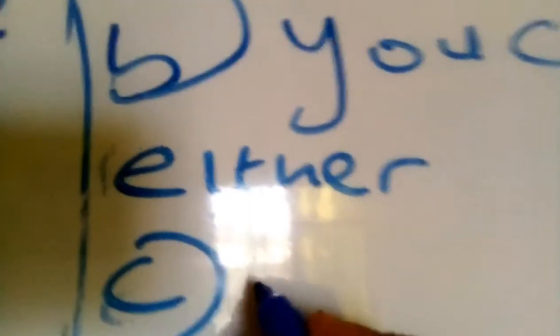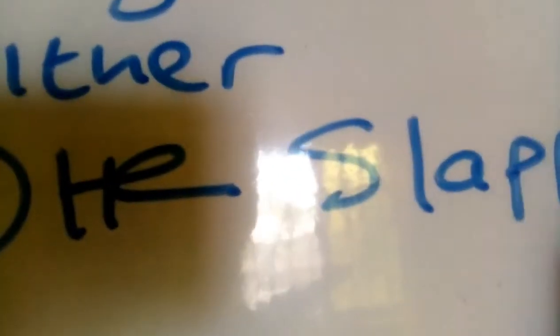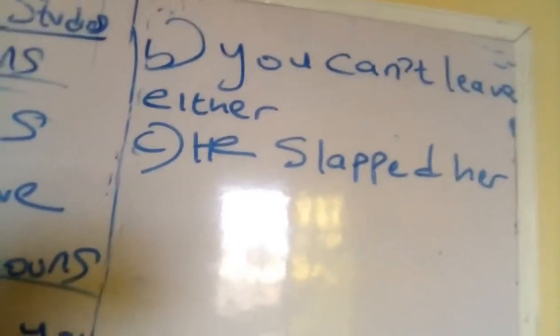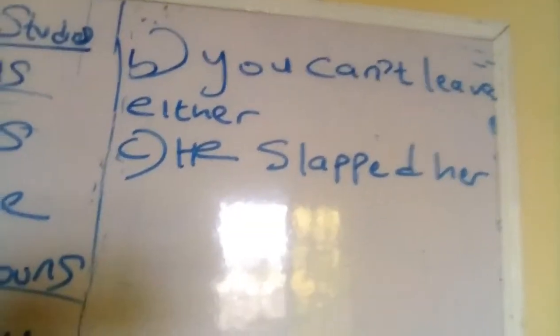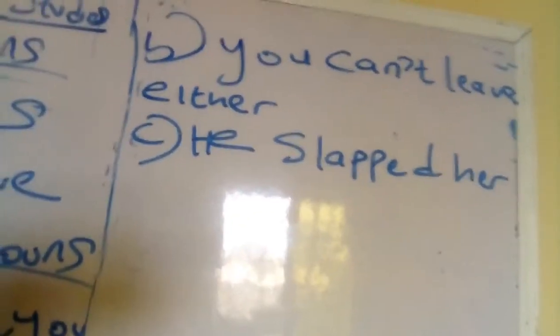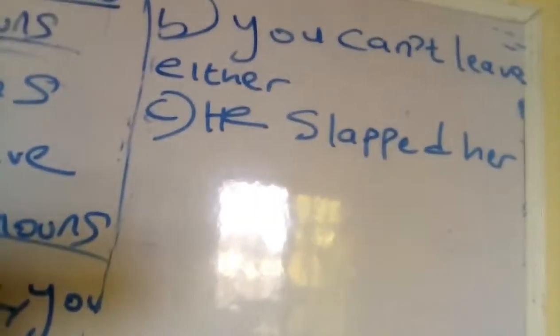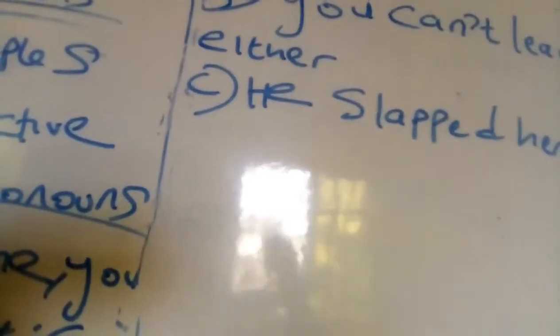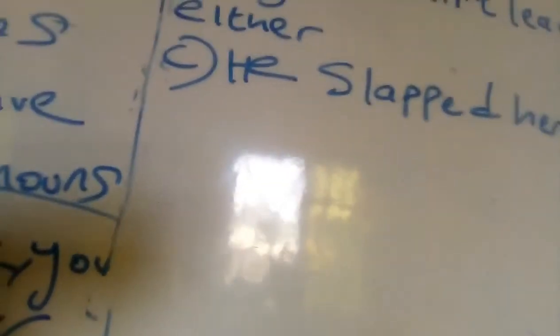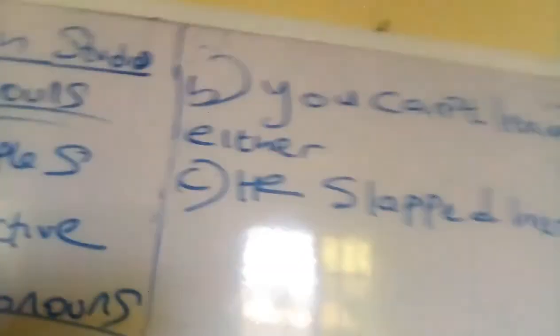See, he slapped her. So you are seeing, you is standing as a subject and it's a personal pronoun. You are saying he is standing as a subject. So you, he, I, they are all what? Subjects of a pronoun. Those are personal subjective pronouns.